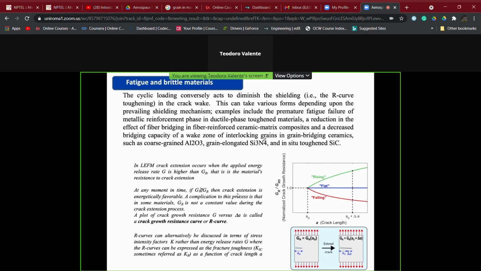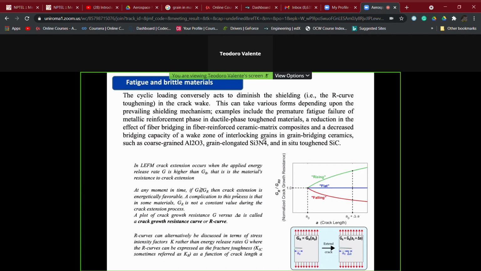Generally, and this is what we said when we discussed the Griffith theory, defining the strain energy release rate and the critical value of the strain energy release rate, we have said that by using the energetic approach in linear elastic fracture mechanics, crack propagation is going to happen when the value of G, the strain energy release rate, is higher than the critical value.